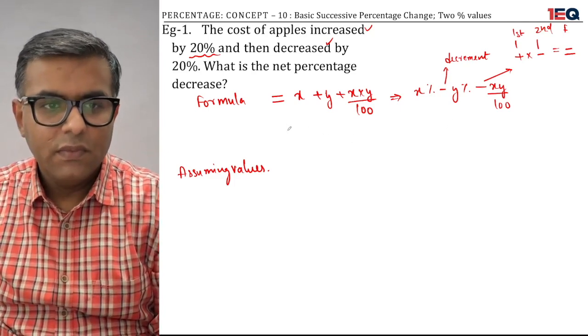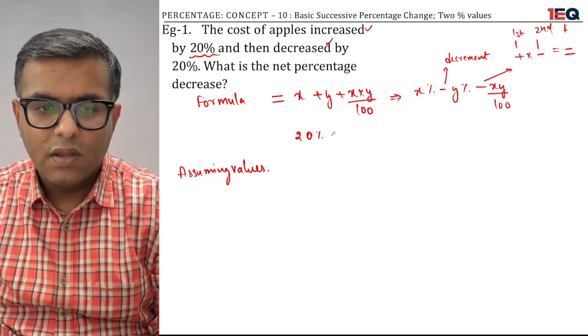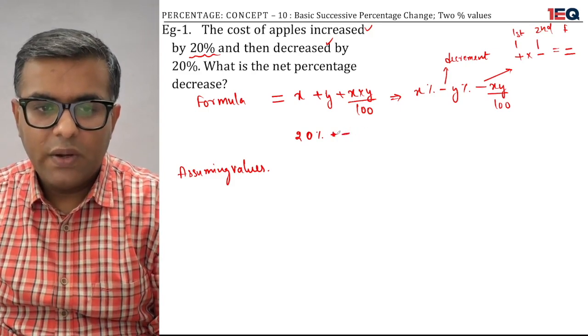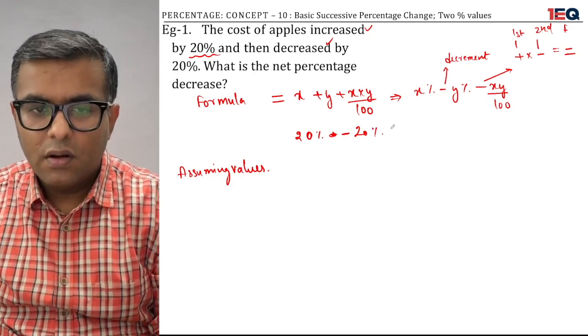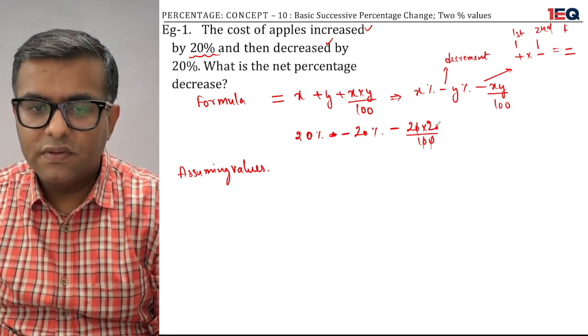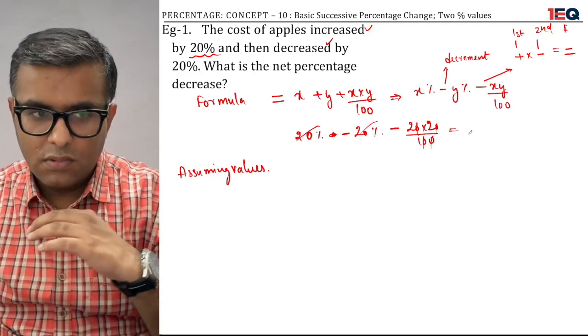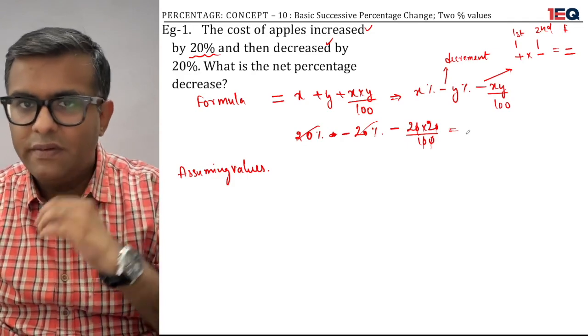So 20% plus, no, the plus would turn into minus. 20 minus 20% minus 20 into 20 upon 100. The plus 20 and minus 20 get cancelled completely because no matter how much is positive, if you get another negative of equal magnitude, they will cancel each other out.